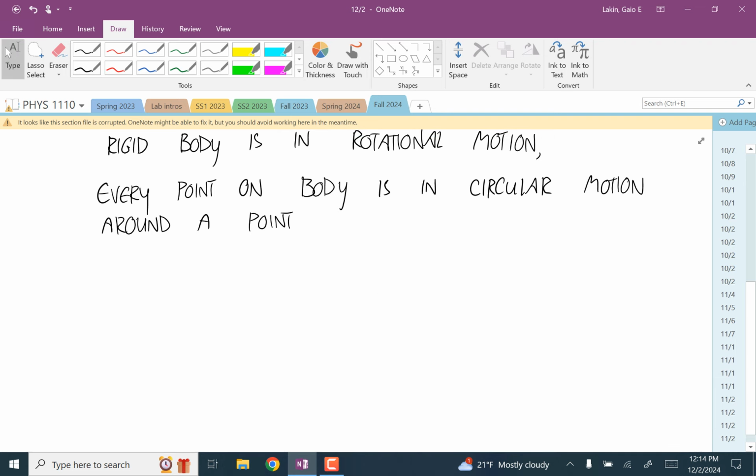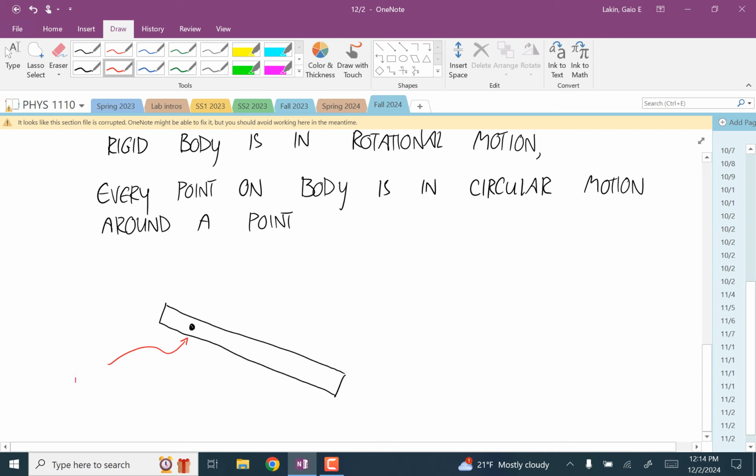Okay, so let me show you. If you have an object, let's think of this as a board that's rotating around a pin or a hinge. Let's think of that hinge as not being able to move, like it's connecting it to a wall or the floor if you're looking from above. Then different points on this body... let's think of what happens if you track this point.